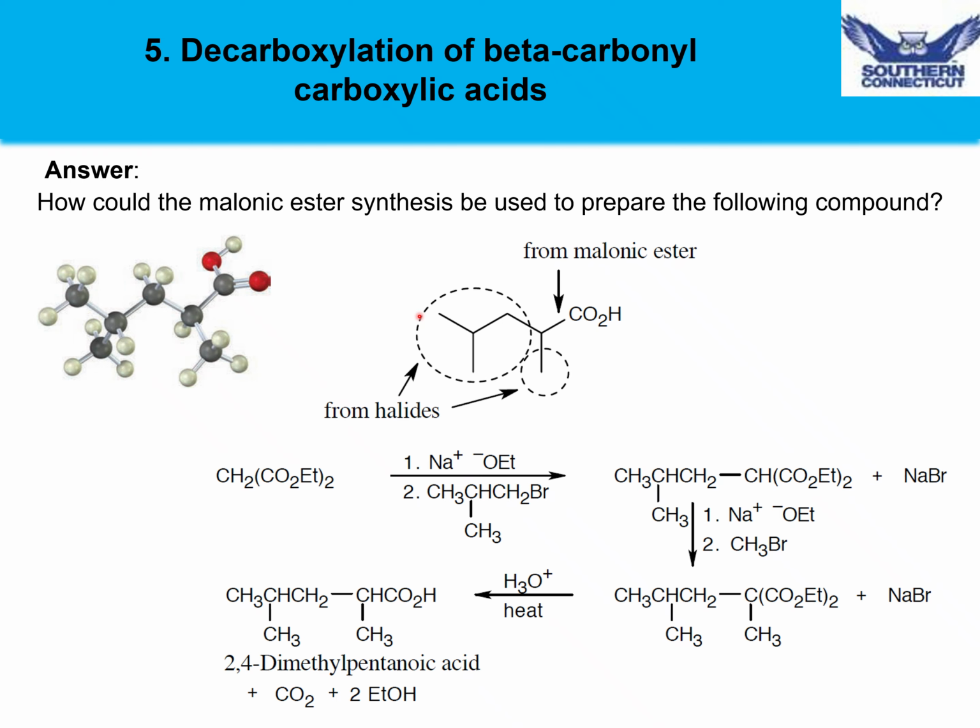Now, the question asks us to use the malonic ester synthesis to prepare the following compound. You do not need to know, at least for this class, what exactly the malonic ester synthesis is, but you should be able to use alkylation reactions combined with decarboxylation reactions to form a carboxylic acid that has certain alkyl groups on it.